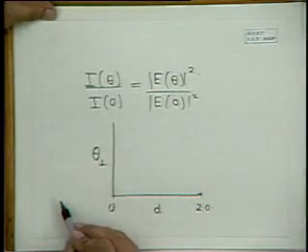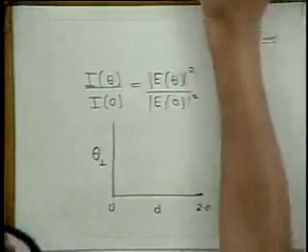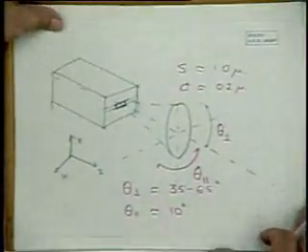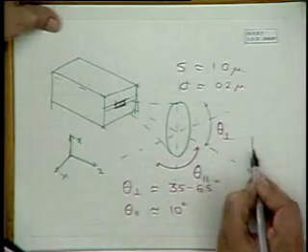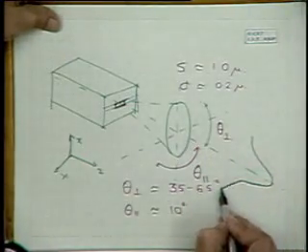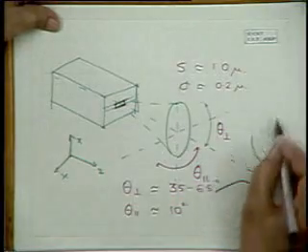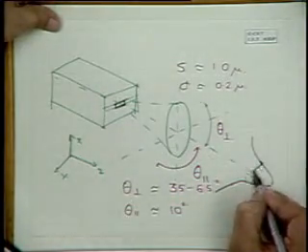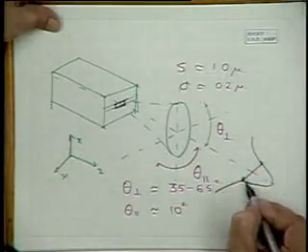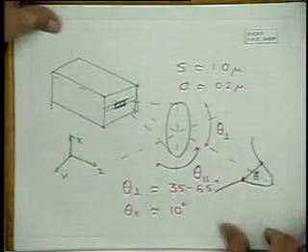So the intensity here will go something like this in this plane. We define the half power points, and that will be the theta at the half power points.